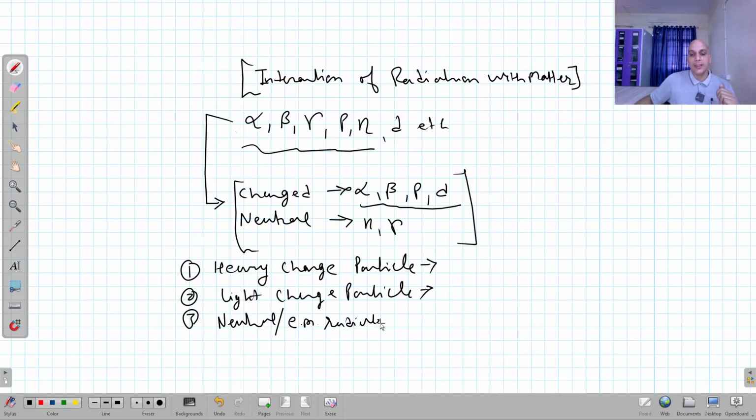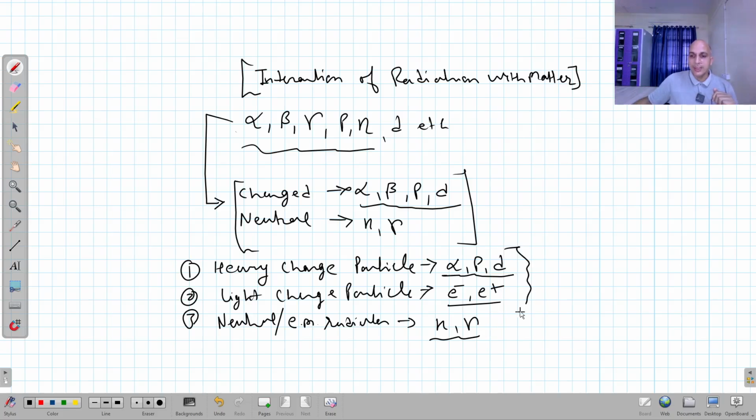Now if we look at the heavy charged, it means those particles whose mass is very high or large as compared to the mass of the electron. So the heavy charged particles are alpha particle, proton or deuteron. So this category contains these particles. Light particles, obviously electrons or positrons, these are basically beta particles, fast moving electrons or positrons. Neutral, neutron or gamma radiations.